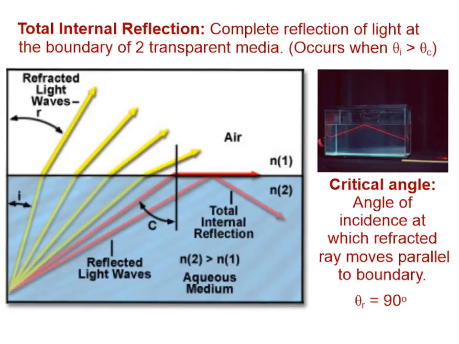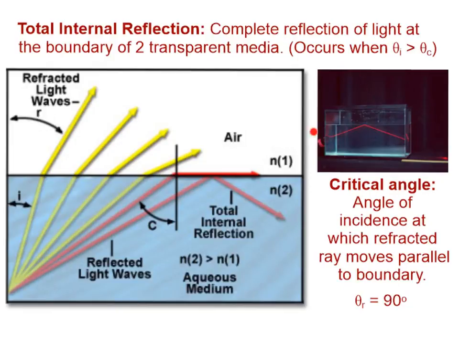That's the critical angle. Any angle of incidence that is greater than this critical angle is not going to allow refraction to occur. Instead, only total internal reflection will occur. In other words, when my angle of incidence is greater than the critical angle, I will get only reflection and I will not get any refraction.